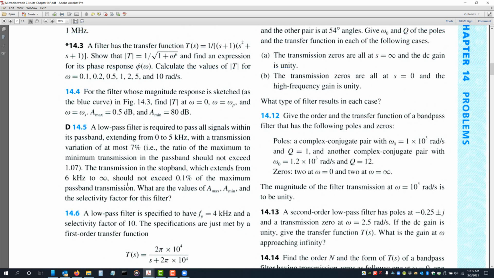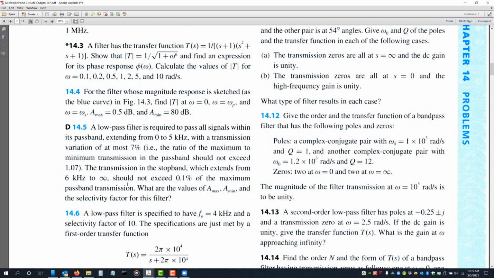This is a typical problem, something that you would get on a test, for example. So this is problem 13 in chapter 14 of the book.